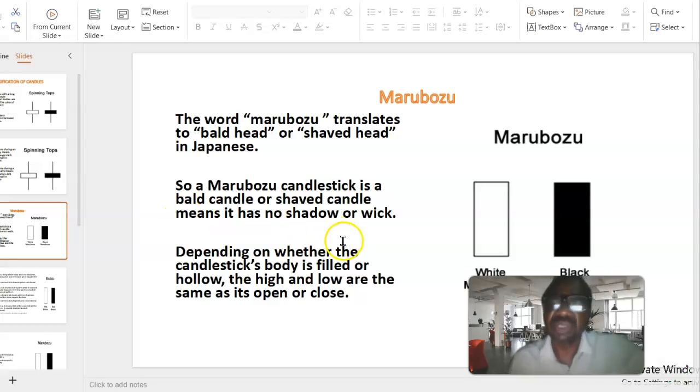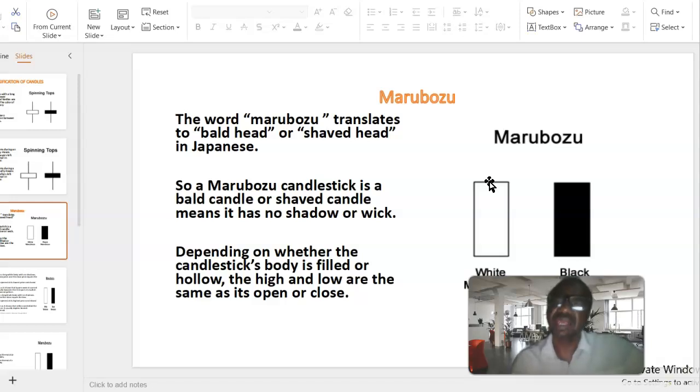Now, what is a Marubozu? A Marubozu candlestick is a bald or shaved candle, meaning it has no shadow or wicks at the top or low, but sometimes you could have just little. Wicks represent rejection.